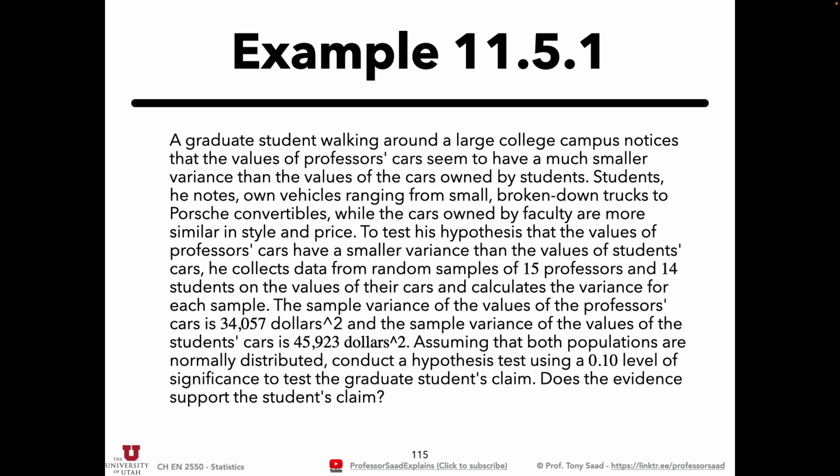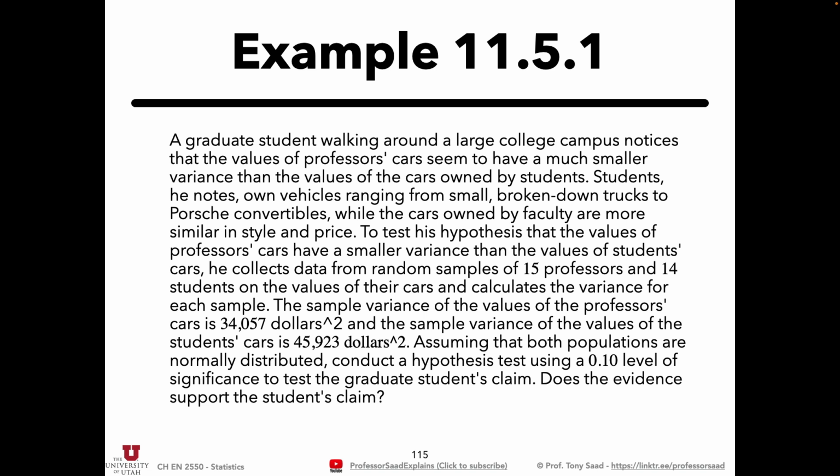To test his hypothesis that the values of professors' cars have a much smaller variance than the values of students' cars, he collects data from random samples of 15 professors and 14 students on the values of their cars and calculates the variance for each sample. The sample variance for professors' cars is about $34,000 square dollars, and for students' cars about $45,900 square dollars.